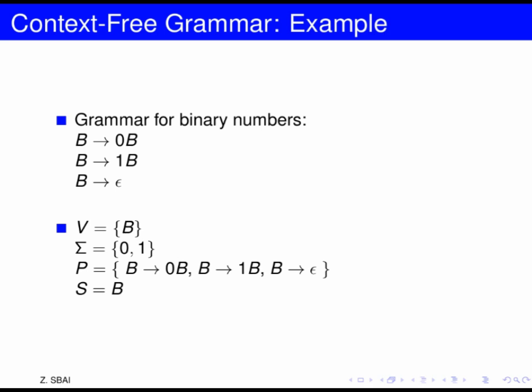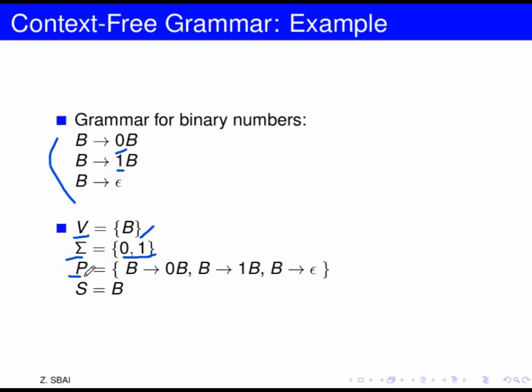According to this definition, for the previous grammar of the binary numbers, the set of variables here is B. The set of symbols of the alphabet is 0 and 1.